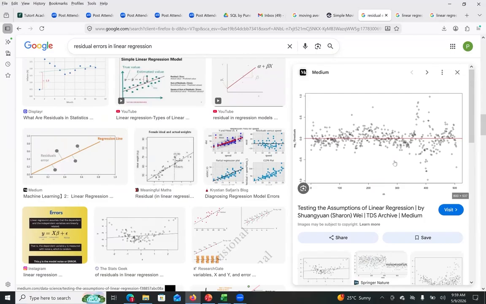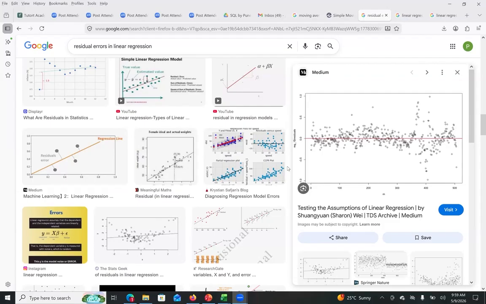Okay. One more thing I'm telling you. Am I right in saying that the errors in linear regression are random? Yes or no? Errors in linear regression are random. Is that correct? That might be true with any data set, right?